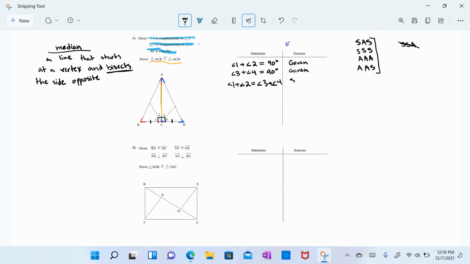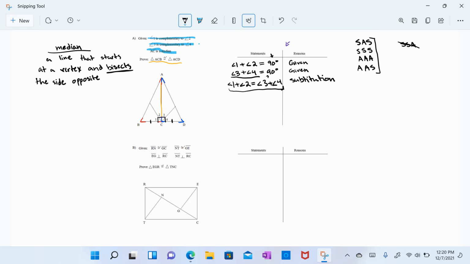And the reason we know that is substitution. Now, in case you didn't understand what I did there, because this is equal to 90 degrees and this is equal to 90 degrees, we can substitute this for this side of the equation. And that's how we got this. Okay. So now we've proven that the two angles are congruent to each other.